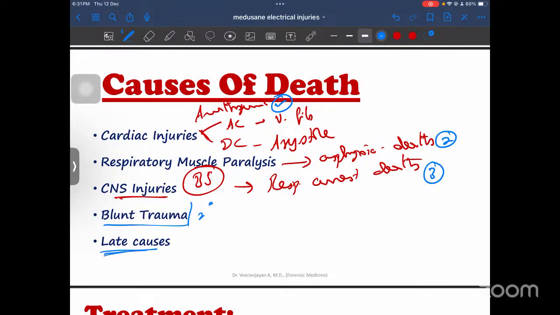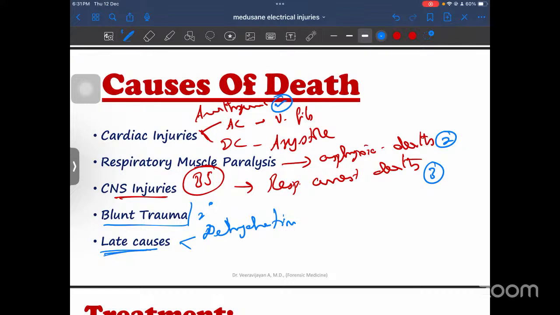Some late causes are also present in these electrocutions. This electric current usually produces heat. Heat always causes dehydration. So the person may die of dehydration. This is important. Another thing is this damages the muscle.